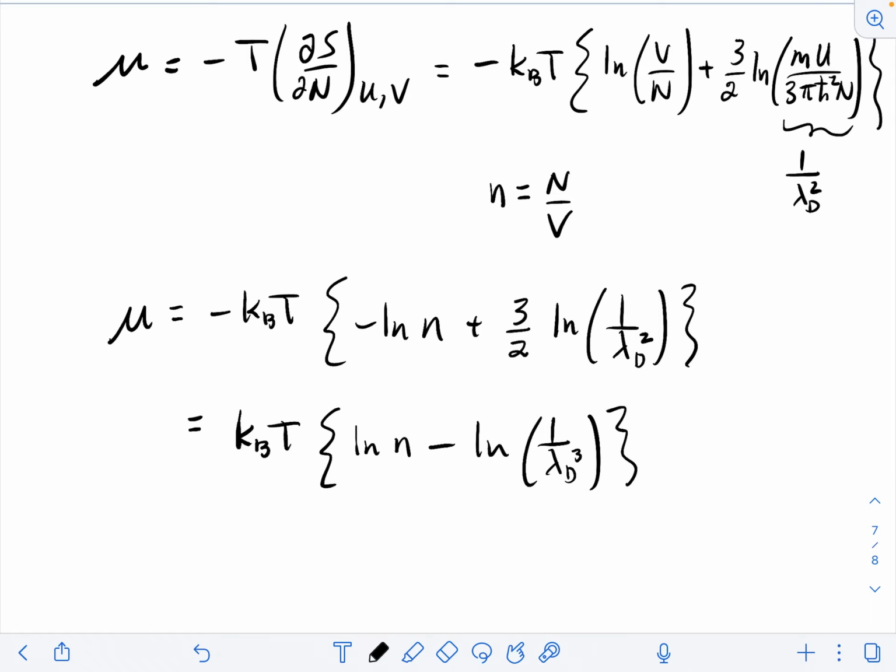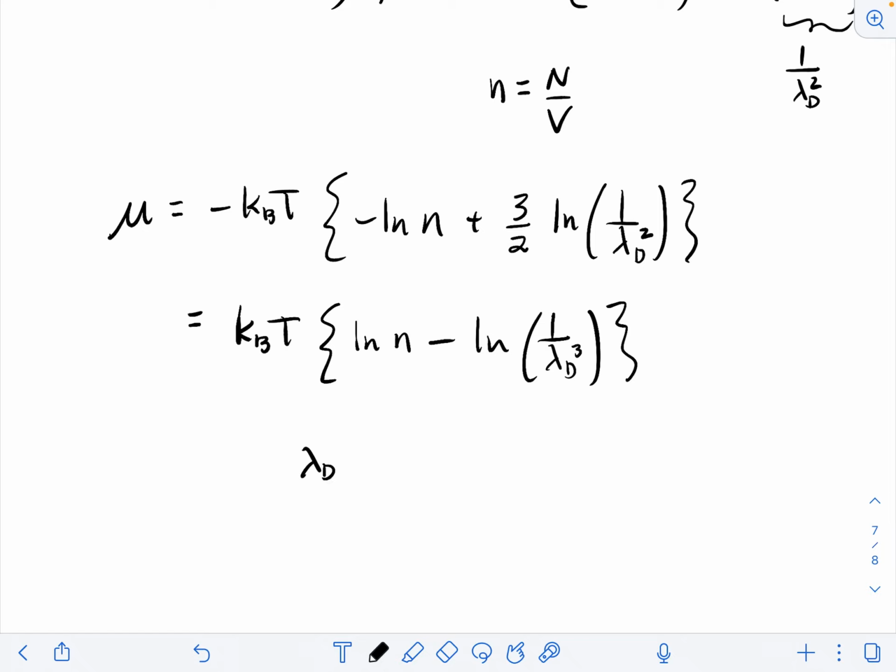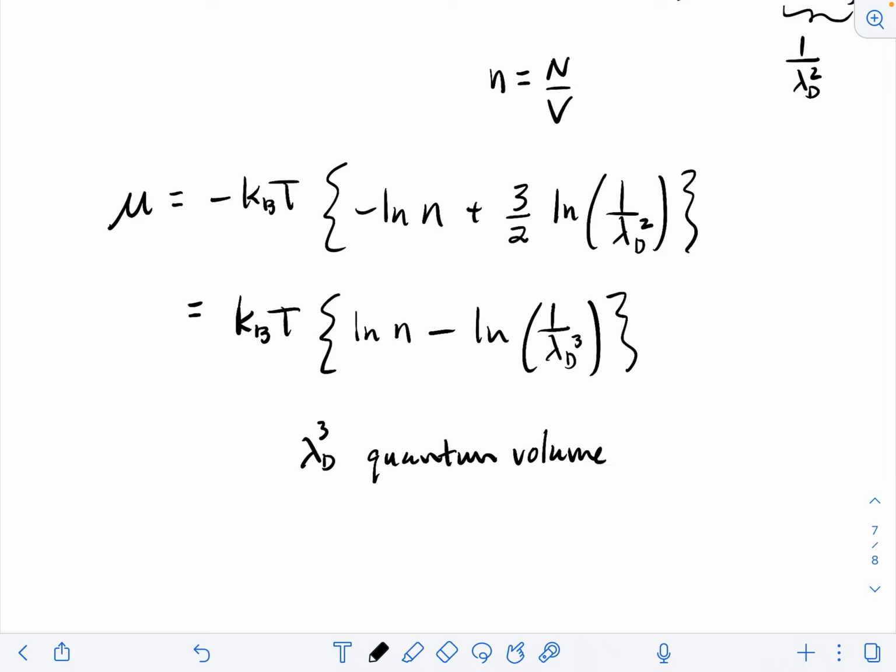We've worked with this quantity, lambda cubed, before, and remember this lambda represents kind of the spatial extent of the wave function of a particle in this gas. And so what we're going to be dealing with is lambda d to the power 3, the quantum volume of a particle in the gas. And so in the classical limit, this is small.